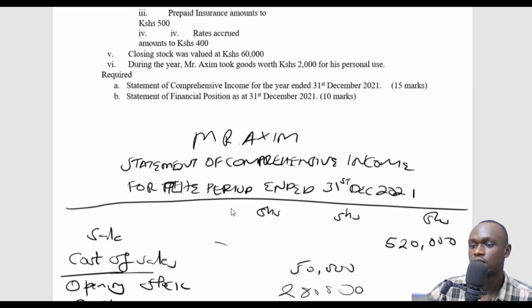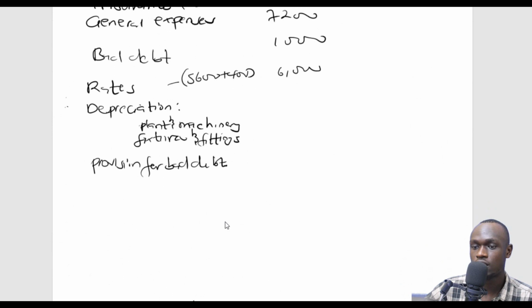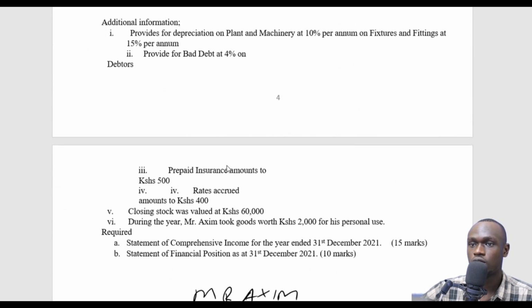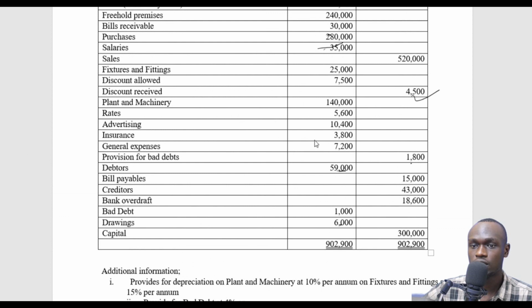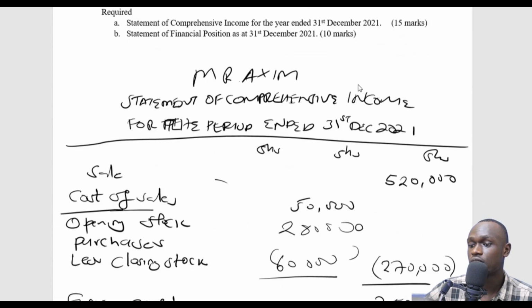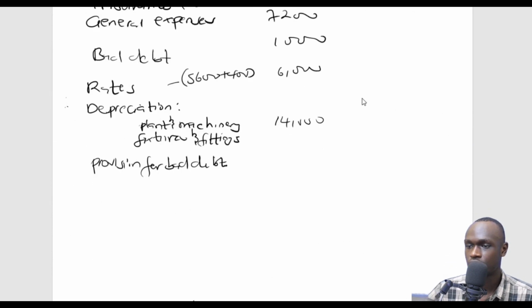So we take 10% of 140,000, which is 14,000. Then 15% of fixtures and fittings. Fixtures and fittings is 25,000. 15% of that is 3,750.